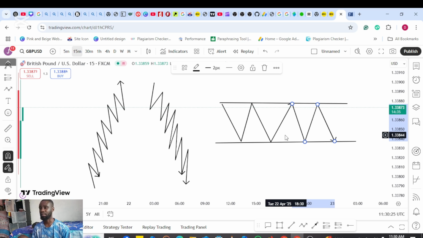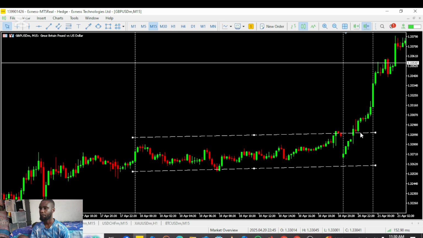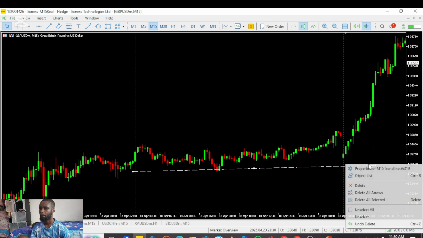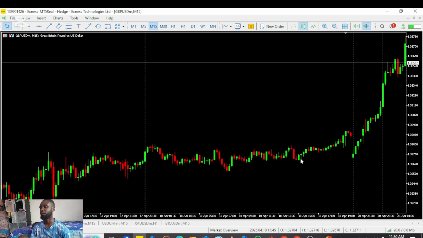Let's look at some chart work over here. Look at this market very well. See how the candlesticks are ranging. It's consolidating.